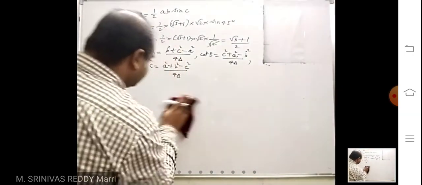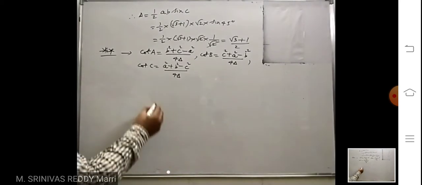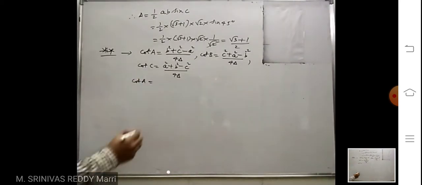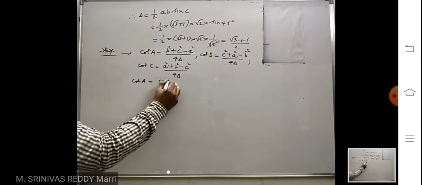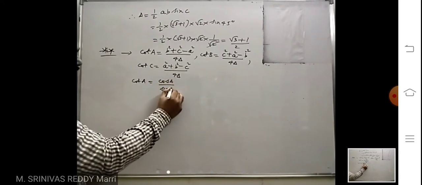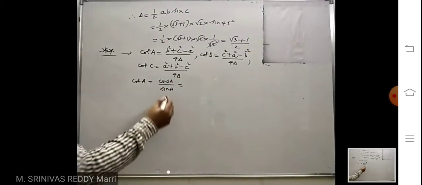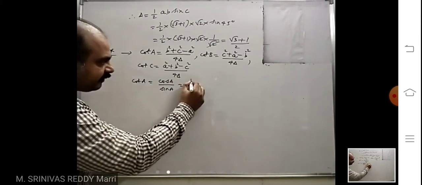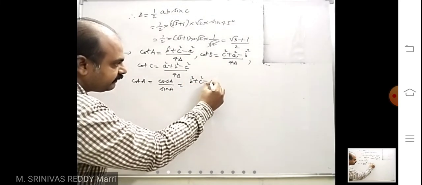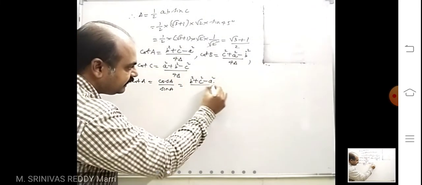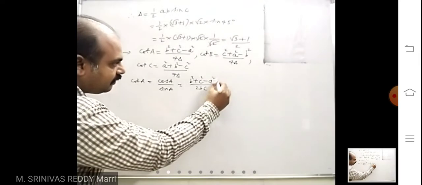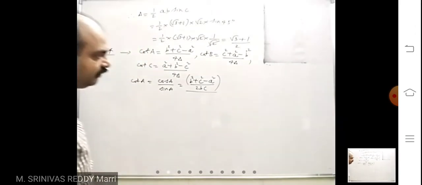Whenever cot A is there, we will deal like this. Cot A equals cos A divided by sin A. Cos A, you know the formula: b square plus c square minus a square divided by 2bc. This is the cos A formula by the cosine rule.